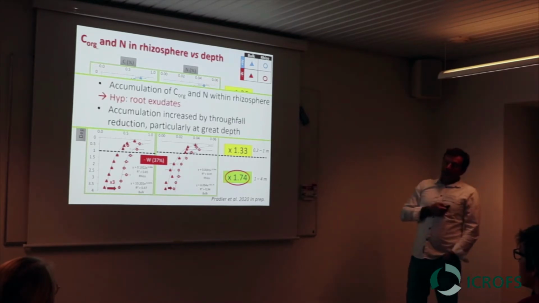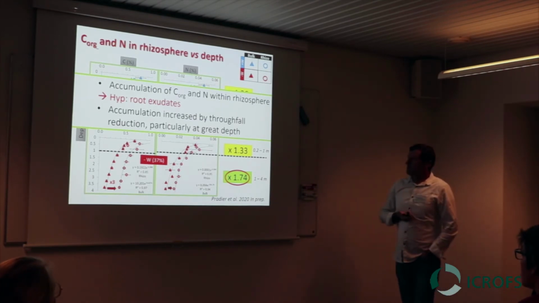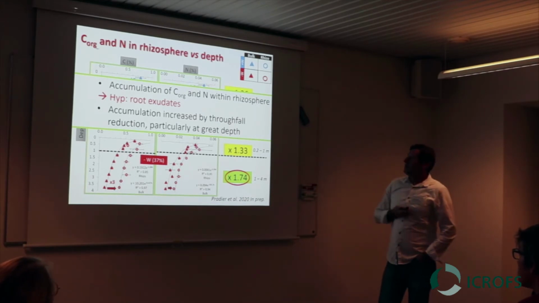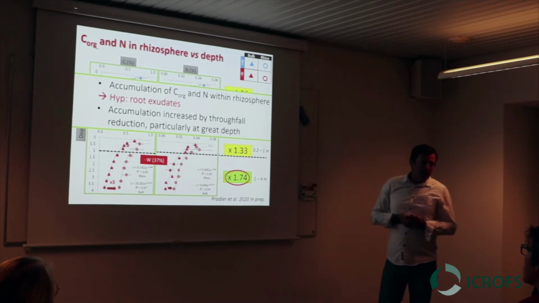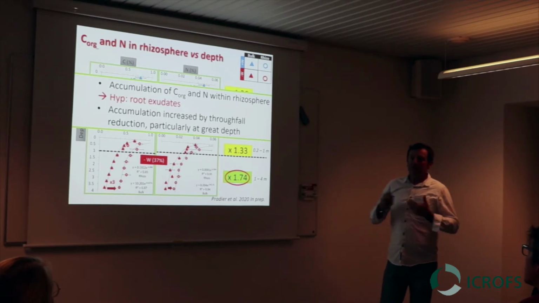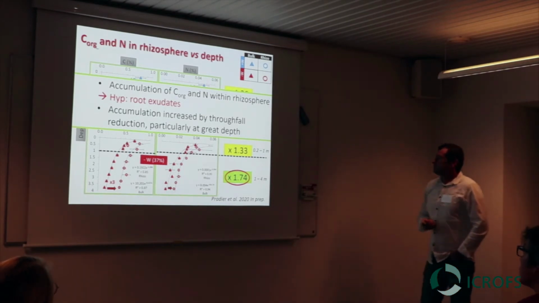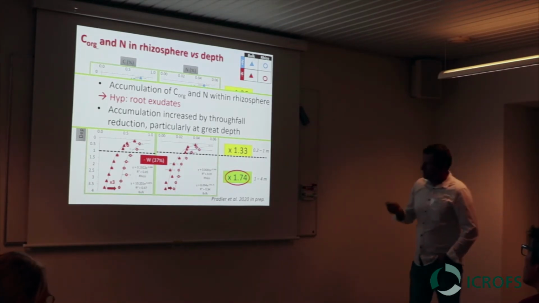This accumulation of organic matter and nitrogen could be, as we hypothesized, coming from root exudates, but it could also be the absence or low activity of the microbes that degrade the organic carbon. So we have to test this, and that is what we are going to do. This accumulation was increased by throughfall reduction, and particularly at great depths.